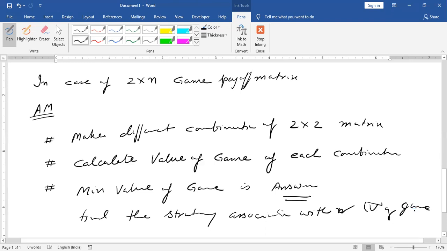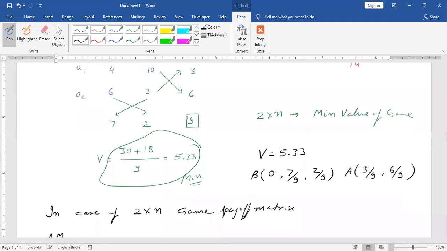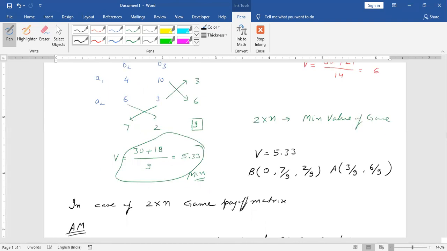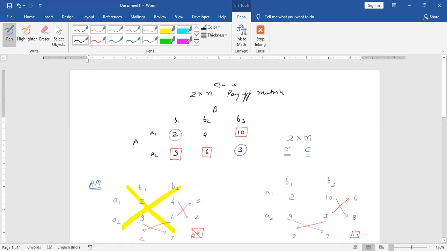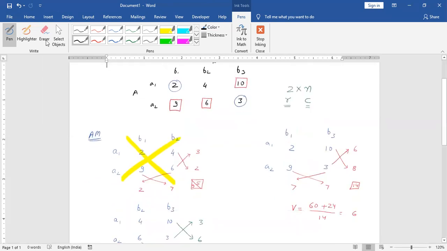So it is all about the arithmetic method which we can apply in a 2 by n game payoff matrix. Suppose we want to solve it using the graphical method. Then how will we solve it? So now I'm going to explain how we will find the answer of a 2 by n game payoff matrix using the graphical method.